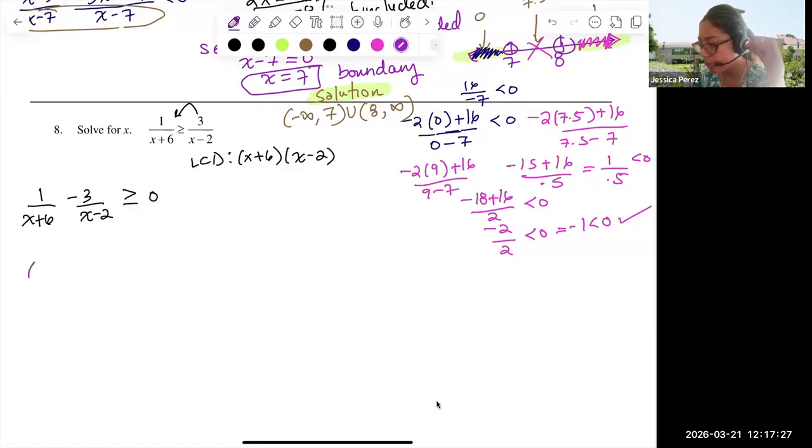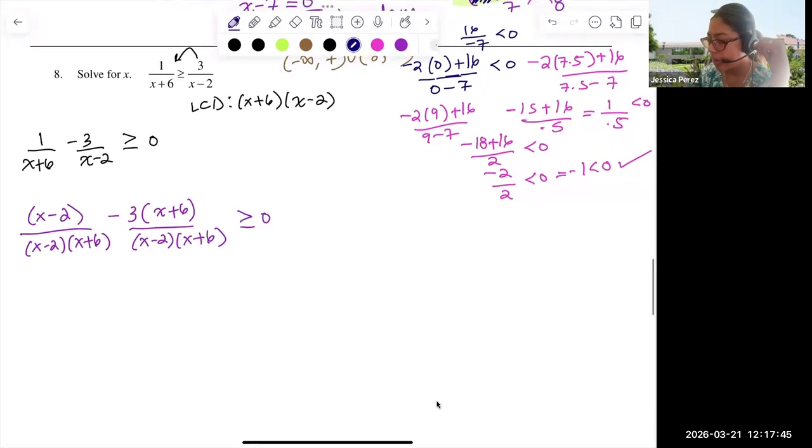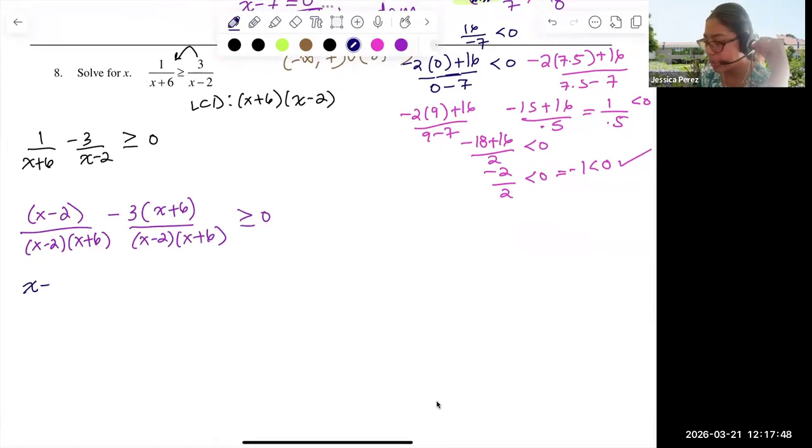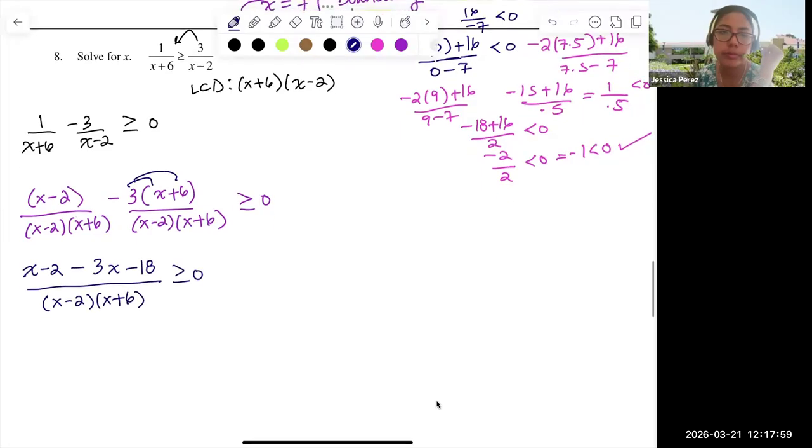So I'm going to multiply the top by x minus 2, and then x minus 2 times x plus 6 minus 3 times x plus 6 over x minus 2, x plus 6. And that's going to be greater than or equal to 0. Now I'm going to clean up the numerator: x minus 2 minus 3x minus 18 all over the LCD, which is x minus 2, x plus 6, to be greater than or equal to 0.